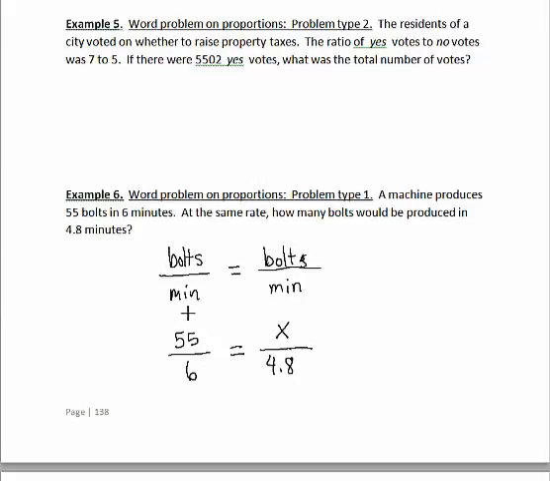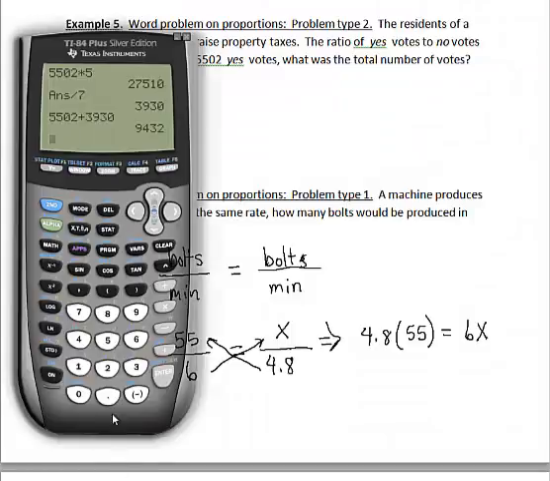And so we have a ratio equal to a ratio, and at this point we can cross multiply. This gives us 4.8 times 55 equal to 6x. 4.8 times 55 equals 264.